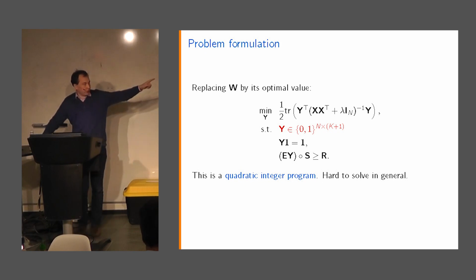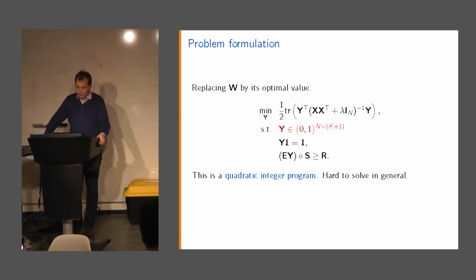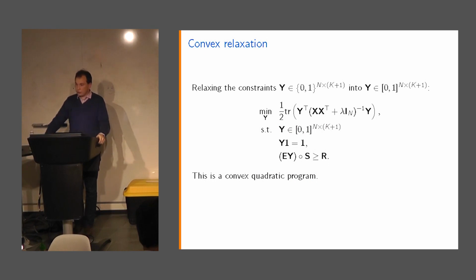But again, there's only this constraint that's non-convex. And so the very natural thing to do is just to relax this constraint into the fact that the y's should be between 0 and 1. And in that case, we obtain a convex quadratic program, which can be solved by any solver such as Mosek or anything, and it's actually very easy to solve.